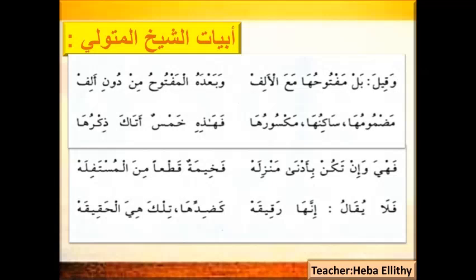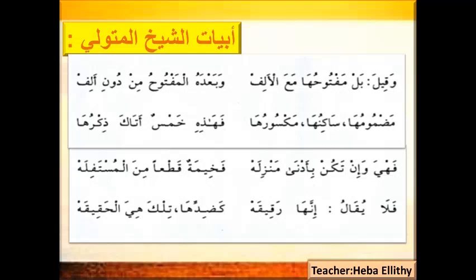Second level is the one only with فتحة. مضمومها, this is the third level. ساكنها, this is the fourth level with the سكون. مكسورها, the heavy letter with كسرة. فهذه 5 أتاك ذكرها, this is 5 levels. I tell you about it.